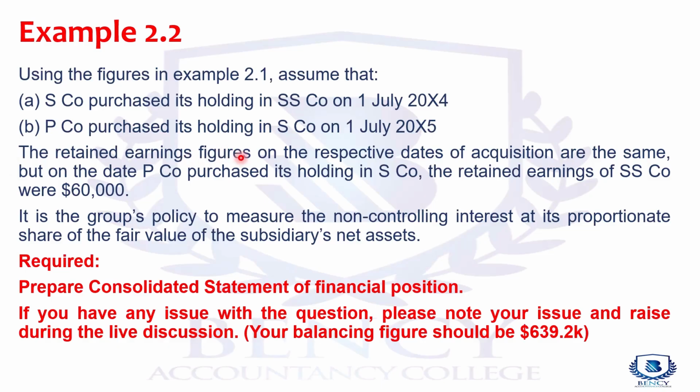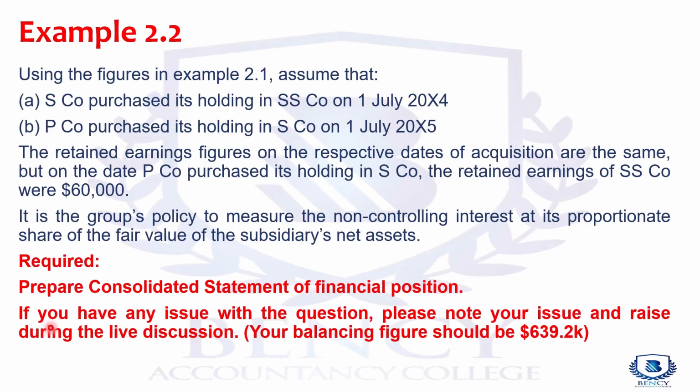But on the date that P purchased its holdings in S Co, the retained earnings of SS Co were $60,000. It is the group's policy to measure non-controlling interest as proportionate share of fair value of the subsidiary's net assets. Required: prepare the consolidated statement of financial position.